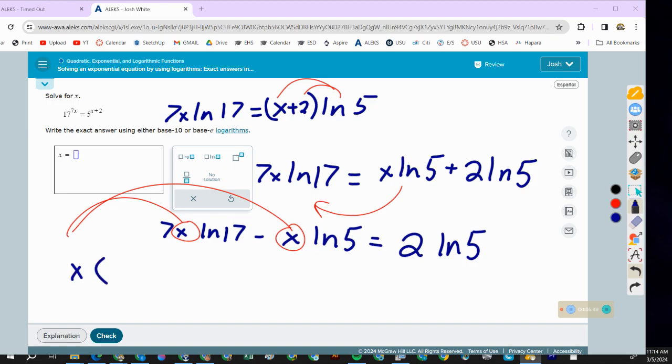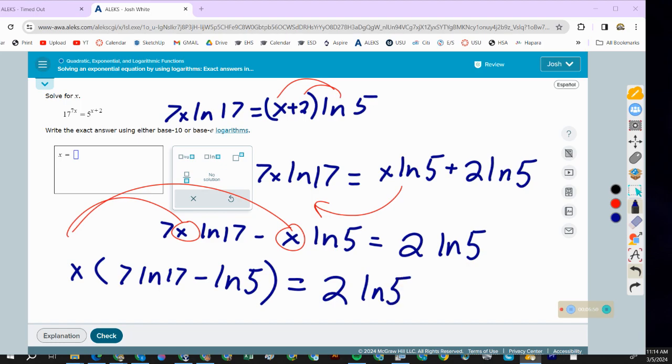X times 7 ln 17 minus the ln of 5 is equal to 2 ln of 5. Now what? Divide. So I'm going to divide by all this. X is equal to 2 ln 5 over 7 ln 17 minus the ln of 5.